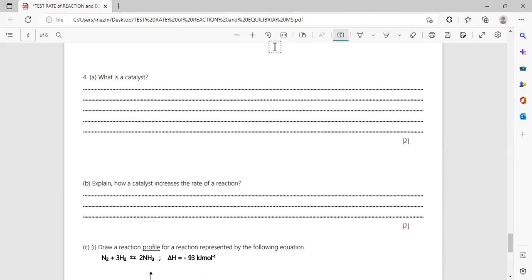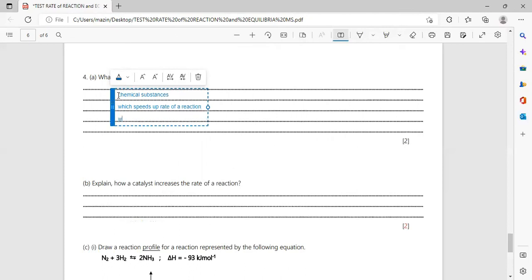What is a catalyst? To define catalyst, you should write first chemical substance. These are not heat, right? Chemical substances with speed up rate of reaction.